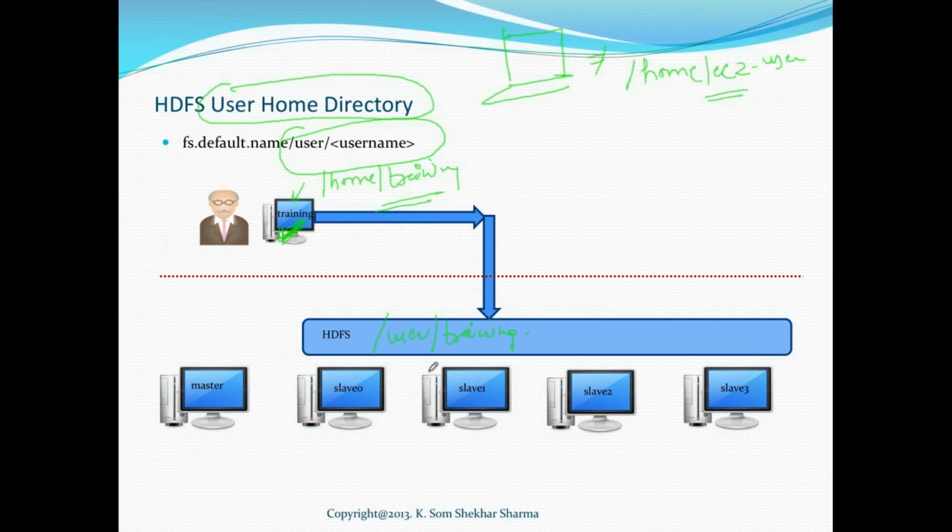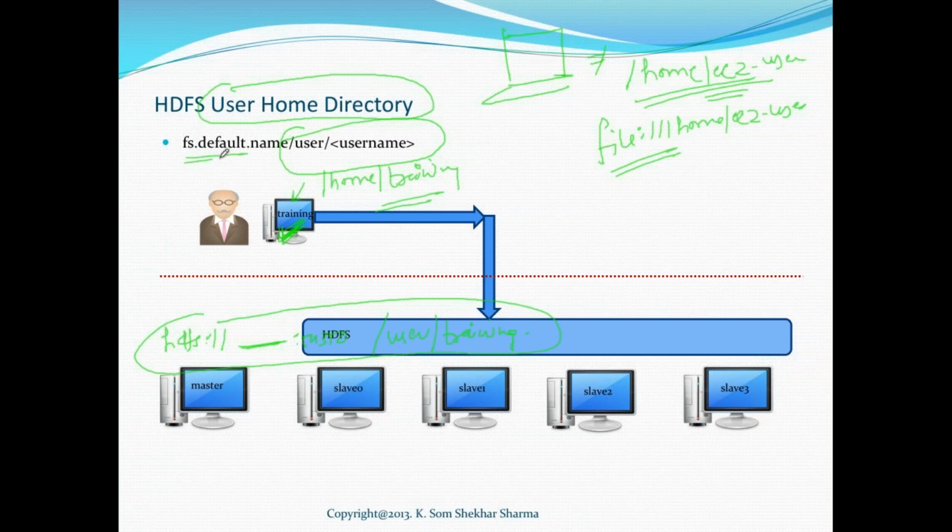/home/ec2-user is basically mapped to file:///, which is the protocol for your local or physical file system. Similarly, for /user/training the protocol is HDFS: hdfs:// whatever host name you have given, colon 54310, /user/training.